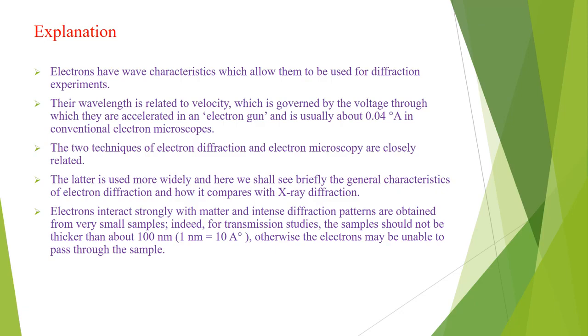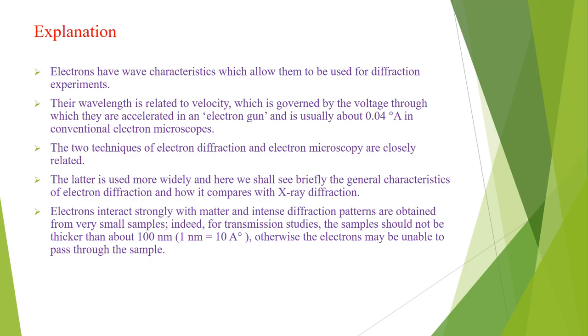The two techniques of electron diffraction and electron microscopy are closely related. The latter is used more widely, and here we shall see briefly the general characteristics of electron diffraction and how it compares with X-ray diffraction. Electrons interact strongly with matter, and intense diffraction patterns are obtained from very small samples.